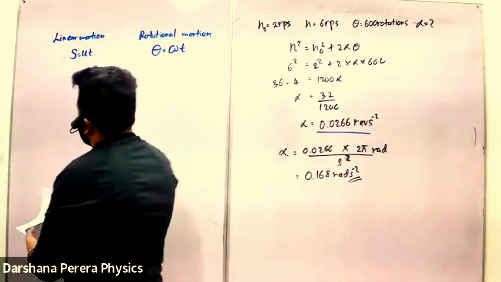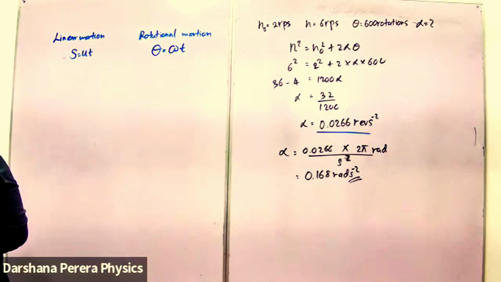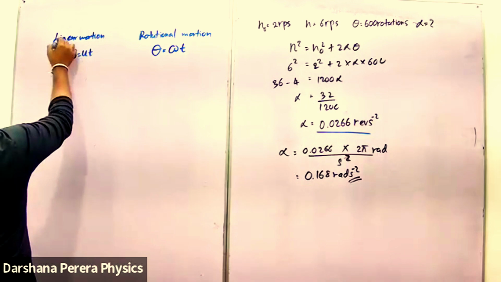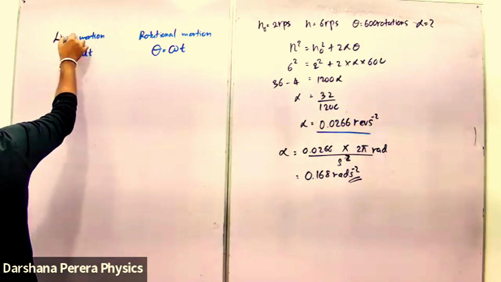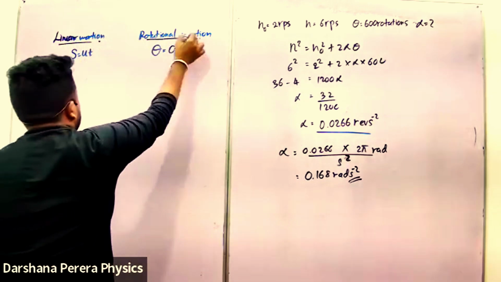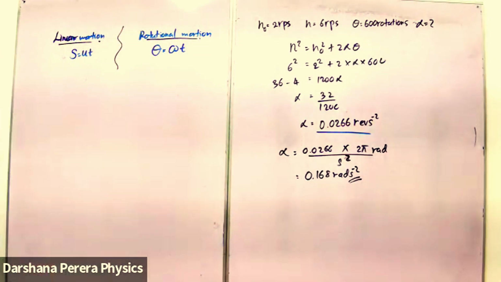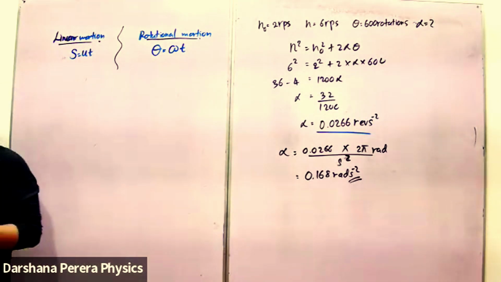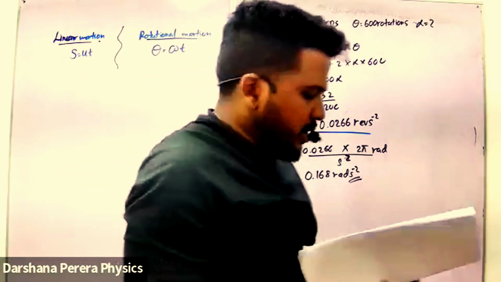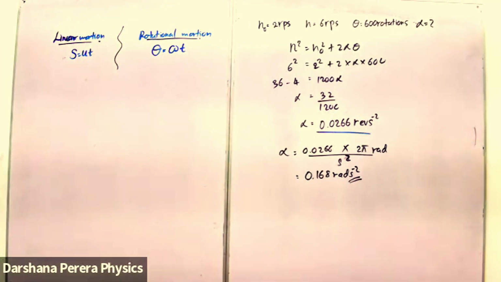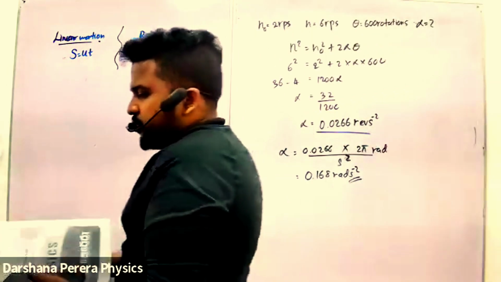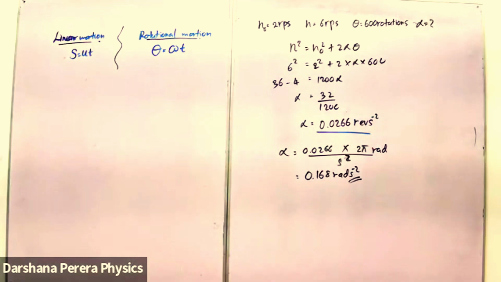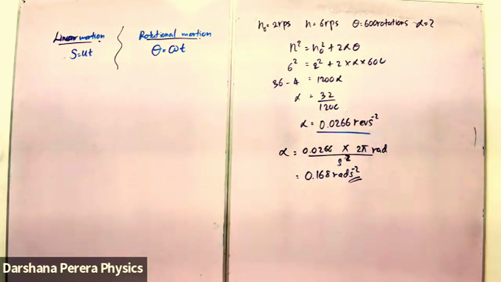Write down the problem. A rotating wheel rotates with 15 rad s minus 1, with uniform velocity.